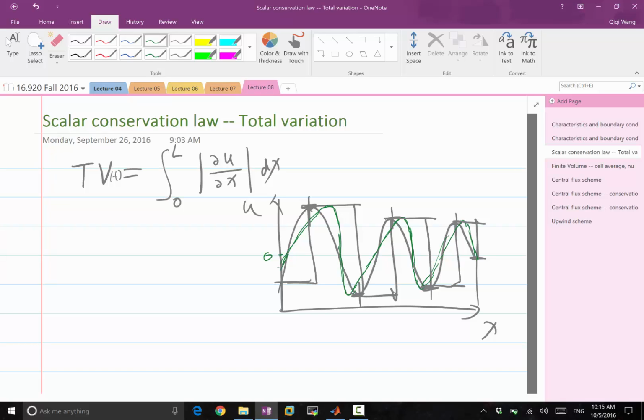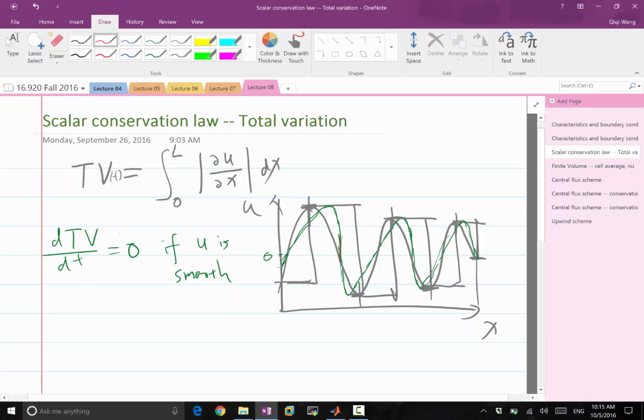So the total variation is the same if the solution stays continuous. So TV stays constant if U is smooth.